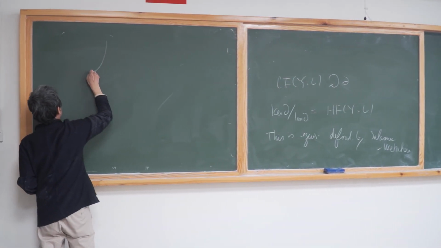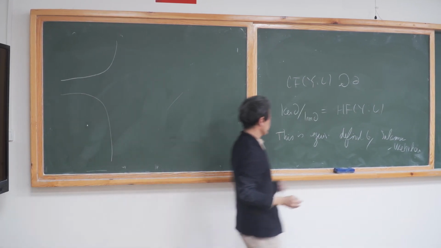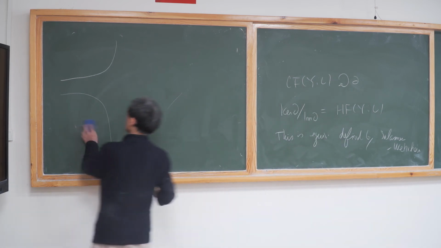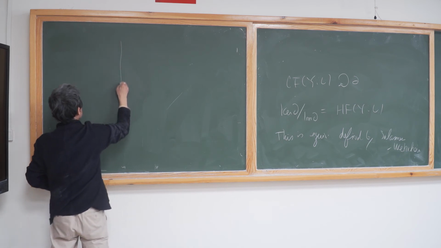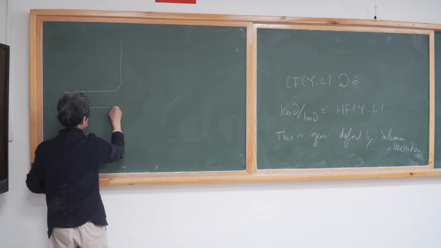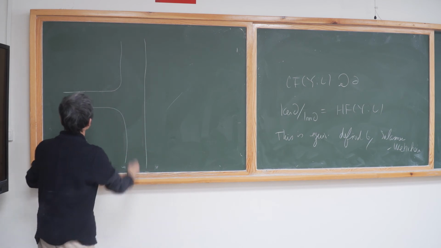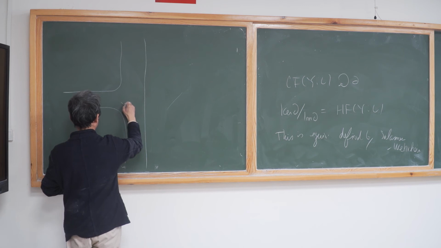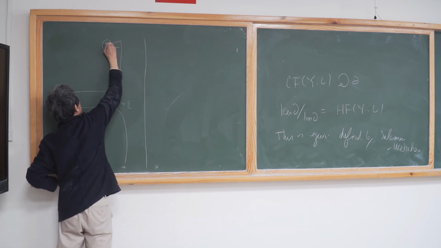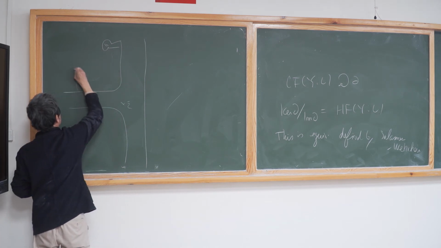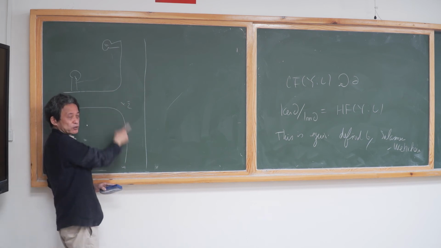We first consider this domain. This is exactly the domain I drew here. Then we take this cross sigma, so you have this two-dimensional domain cross sigma.